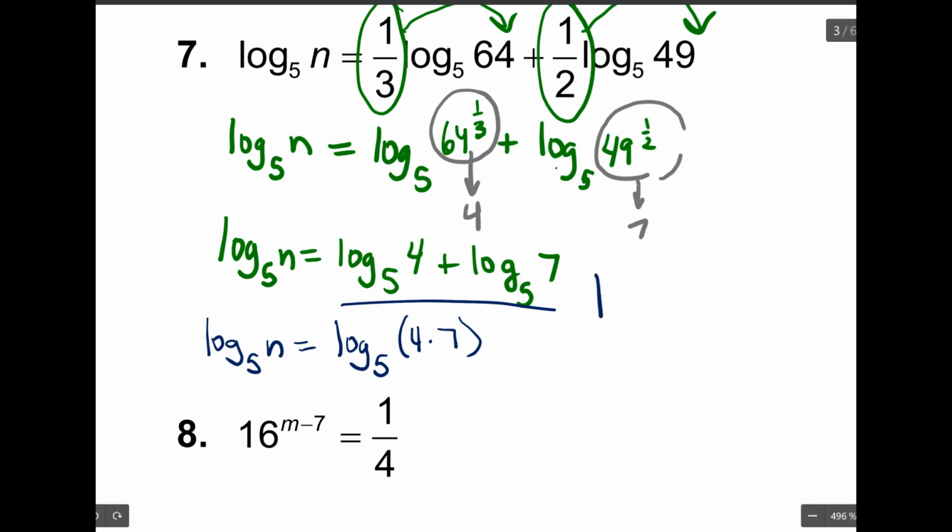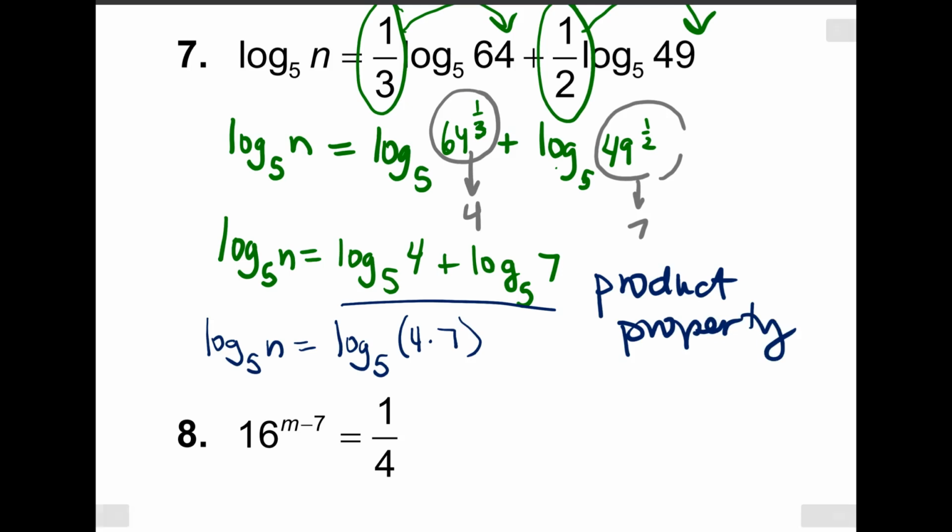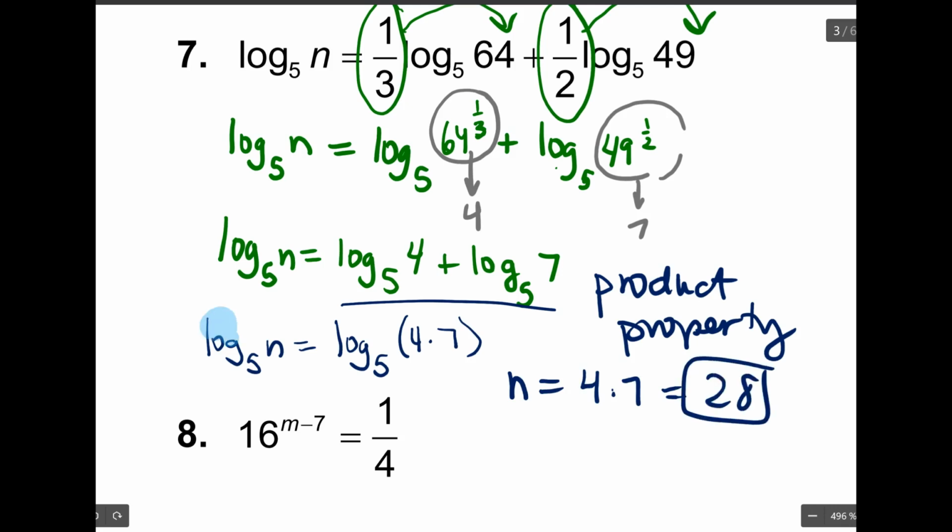So that means n is equal to 4 times 7, which is 28. Because I have the same base on both sides, I can set the insides equal to each other.